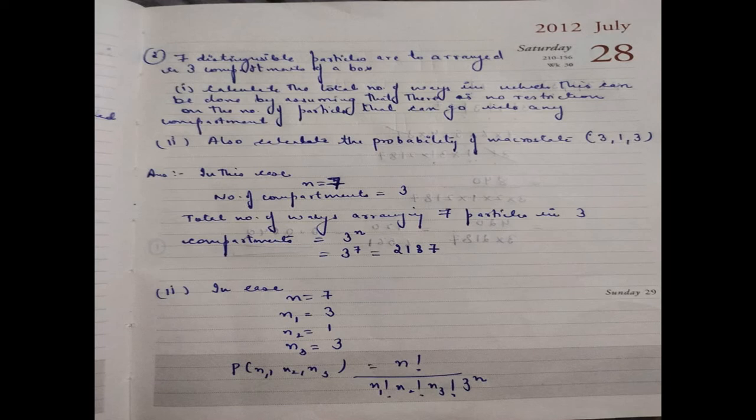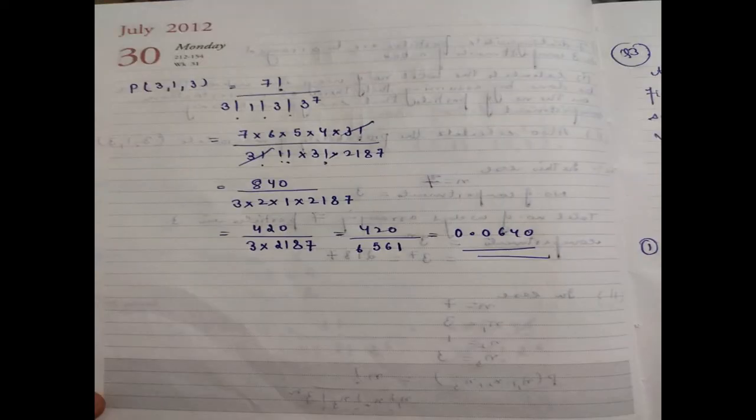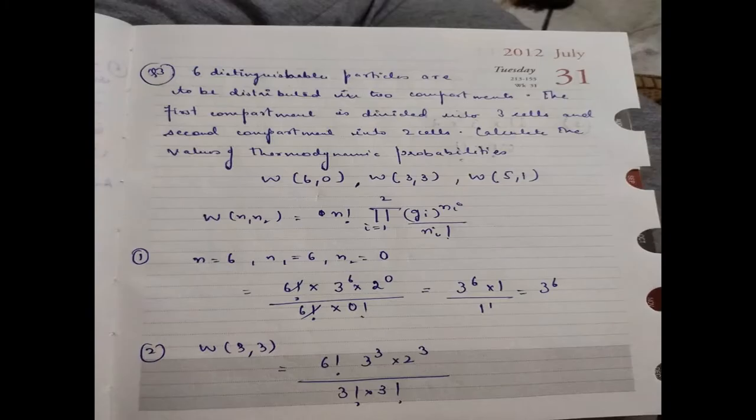The formula will remain the same, but we have to add n3 factorial instead of n1, n2 alone. Also we have to take 3 raised to power n instead of 2 raised to power n. We can calculate the probability of macro state 3, 1, 3, where n1 will be equal to 3, n2 will be equal to 1, and n3 will be equal to 3, and total n will be equal to 7. We can accordingly calculate the probability of the macro state.